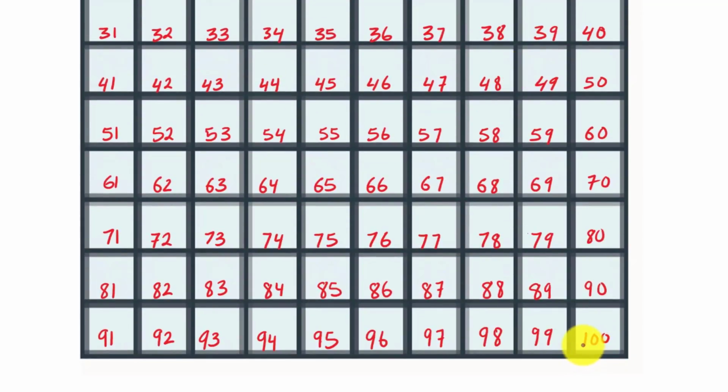And this 100 number is made up of how many digits? 3 digits. 1, 2, 3. The first digit is 0, the second digit is 0, and then the third digit is 1. So 3 digits total. So we have a 3 digit number. Okay? And that's the number 100.